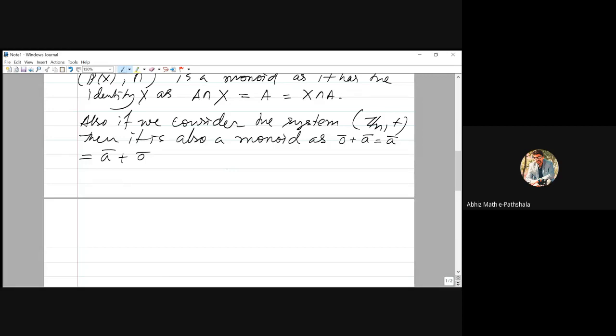Also, if you consider the multiplication operation over Zn, then you will find that the 1 class will be the identity. So again, it has identity, and for that reason, (Zn, dot) will also be a monoid. Okay, fine.